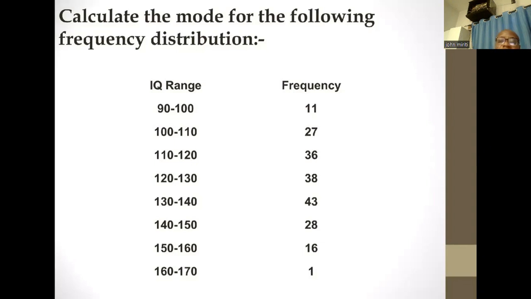The frequency of the class before the mode is 38, the frequency of the mode is 43, and the frequency after the mode is 28.